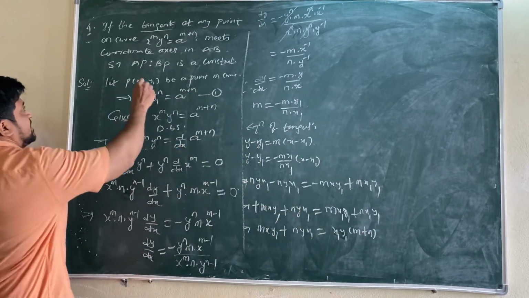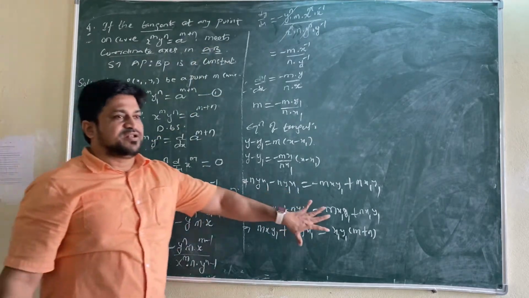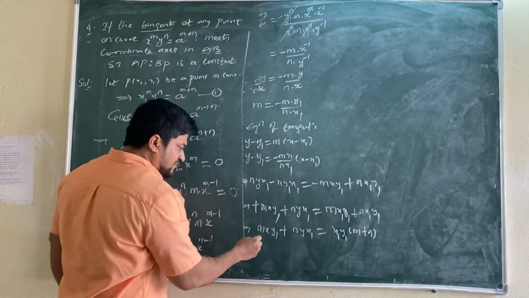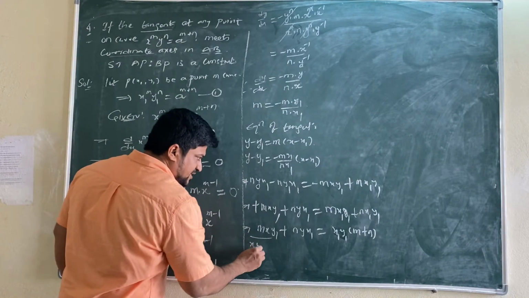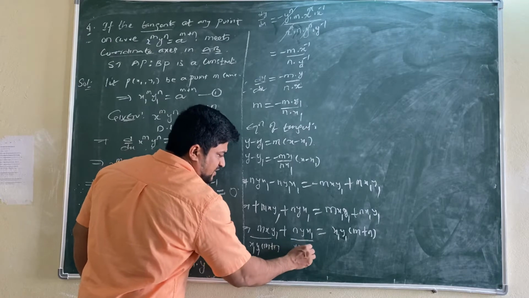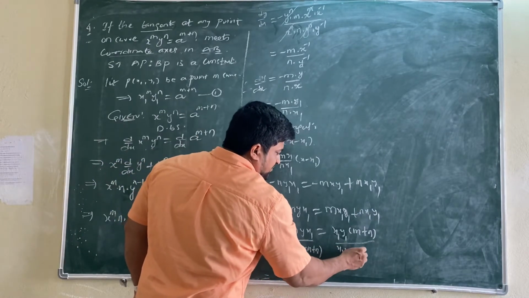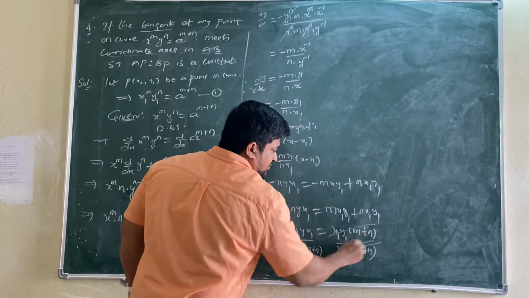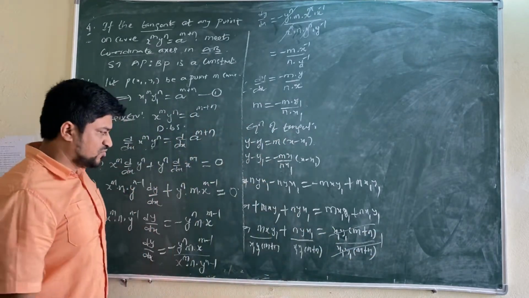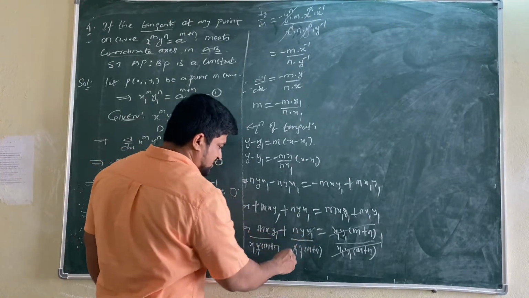We need coordinates of A and B. To get A and B, we need 1 on the right side. So what we will do? x1 y1 (m plus n): divide the value on the right side into the second one and the value itself, in order to get 1 on the right side. Now whatever cancellation is possible we can do, x1 is cancelled.